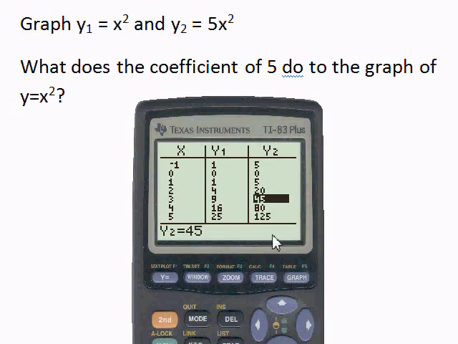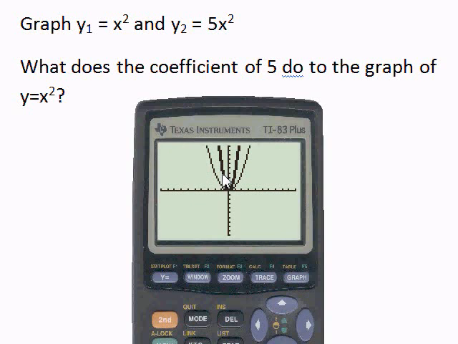So what's going on is we're causing all of our y2 values to be 5 times higher. So on a graph, what you've really done is you've taken your original graph and you've stretched those values vertically by a factor of 5. You made them 5 times taller. It's called a vertical stretch.